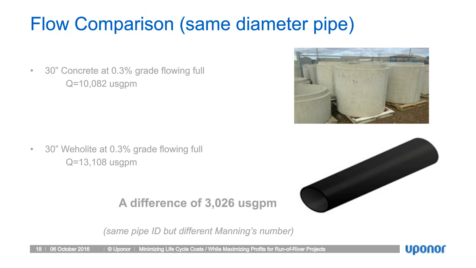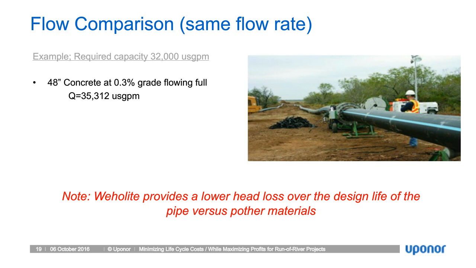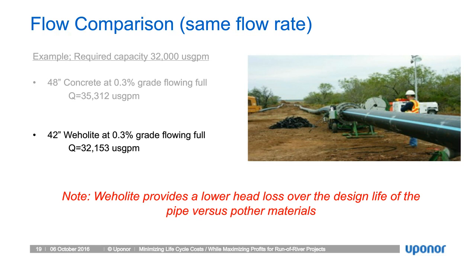Now let's look at the Manning number in a different comparison, taking the same flow rate and looking at the different pipe sizings. If for a penstock application we required 32 USPM, that would require approximately a 48-inch concrete pipe, whereas the Weholite, again because of the lower Manning number, allows us a 42-inch pipe.